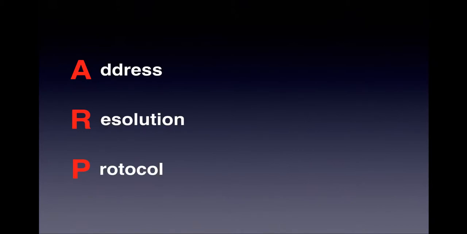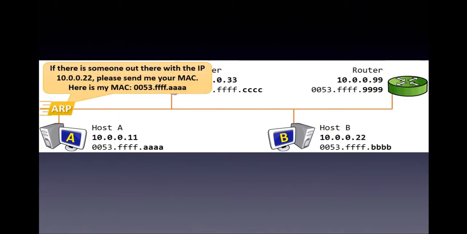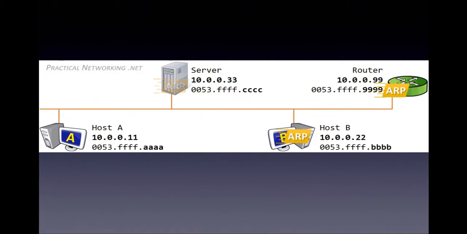Okay, so there are 2 things to define here: ARP and Initialization Vector, or IV. ARP is an acronym for Address Resolution Protocol, a network protocol used to associate an IP address to a MAC address. A host wishing to find the MAC address broadcasts an ARP request on the network.